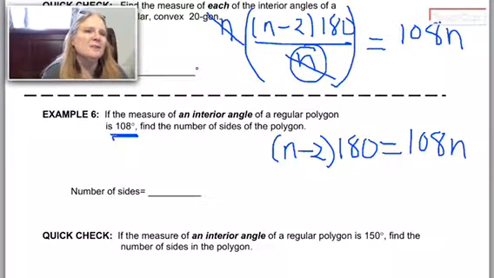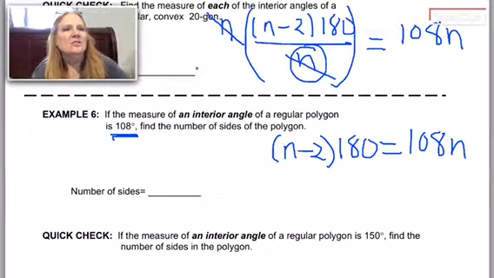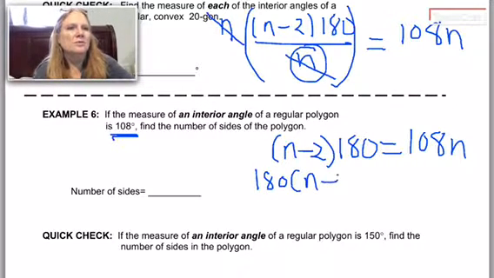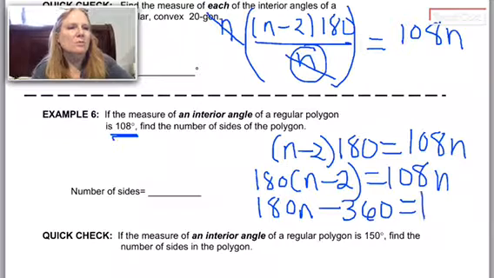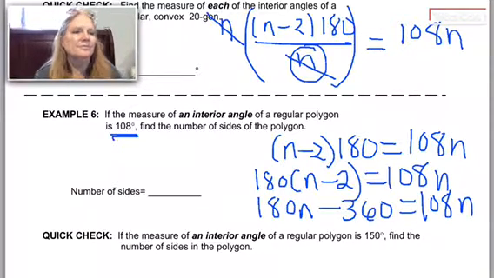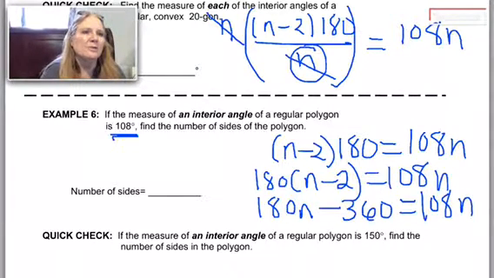Now this n minus 2 times 180 looks a little funny. We're not used to seeing it that way normally in an equation. This could just as well say 180 times n minus 2. The 180 is right next to the parentheses, so that means it does have to be distributed. So this becomes 180n minus 360 equals 108n.